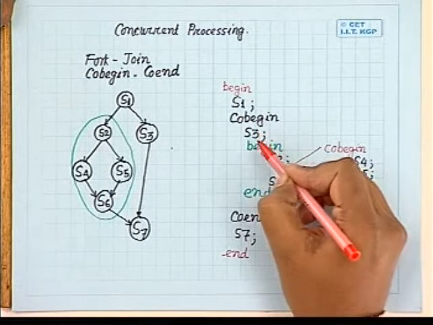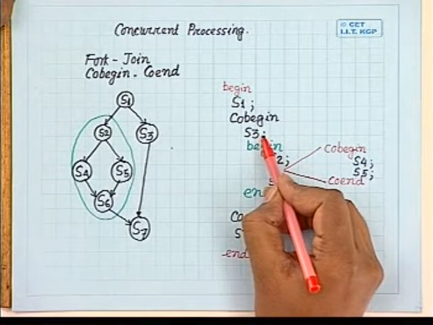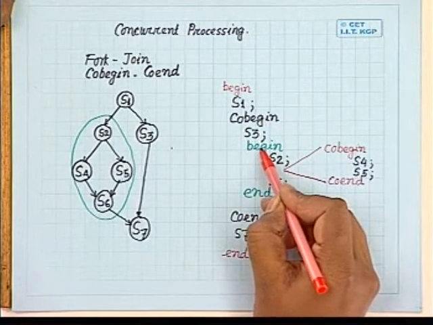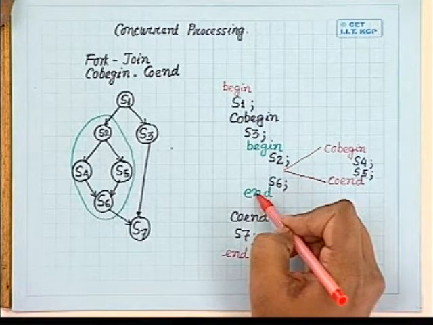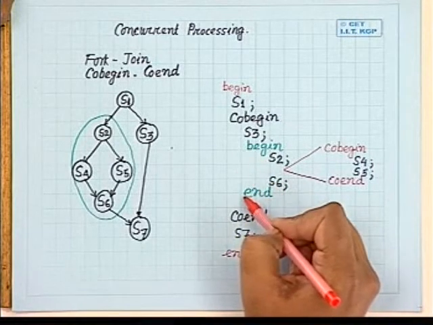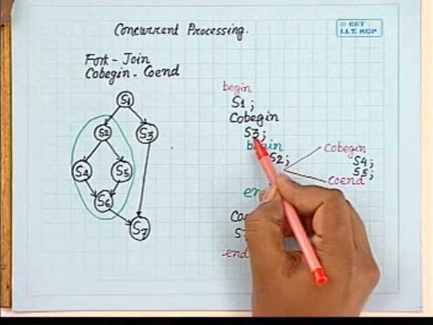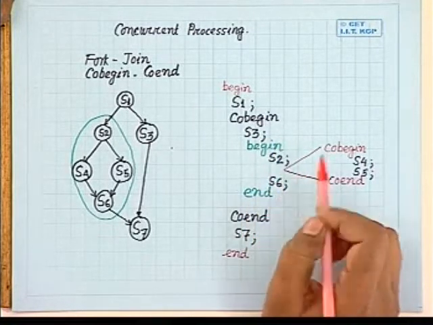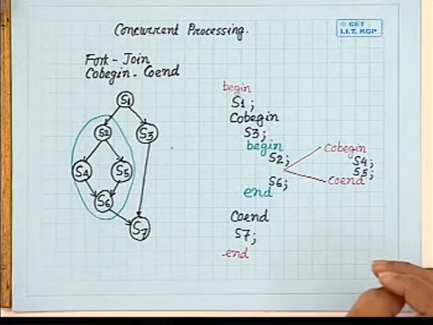In this case, there will be two child processes. One child process will execute statement S3, and the other child process will execute the statements within this begin end structure, because this begin end says that this part has to be sequential. So two child processes are created, and they start execution of their statements concurrently.